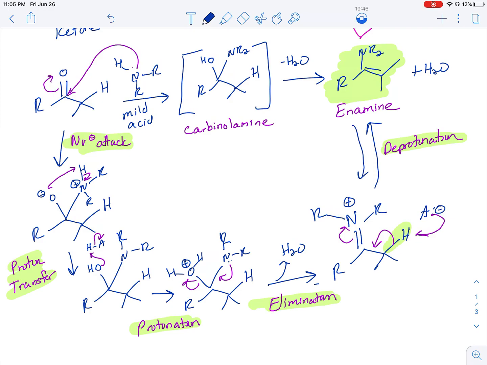Just like the imine reactions, these reactions are reversible, which means that you should know this mechanism backwards, forwards, and in your sleep, right? And the same process occurs here, right? We can push the equilibrium towards product formation by taking advantage of Le Chatelier's principle and eliminating the water.